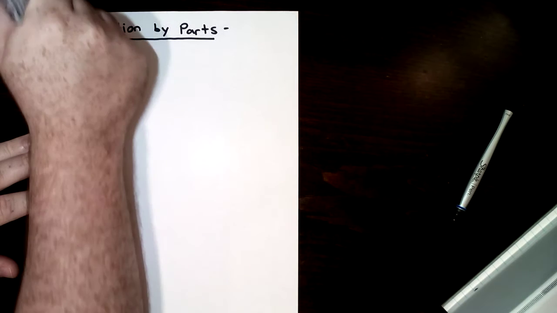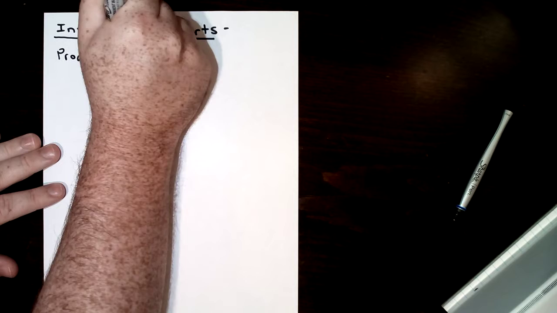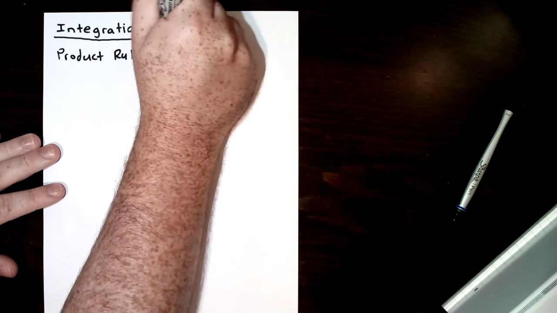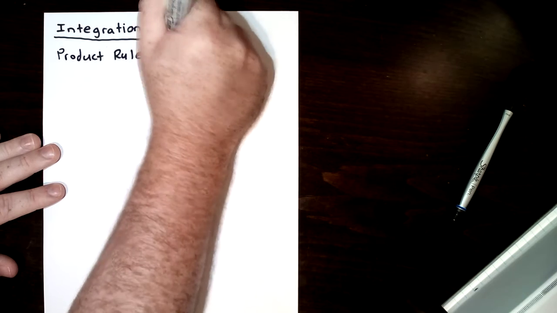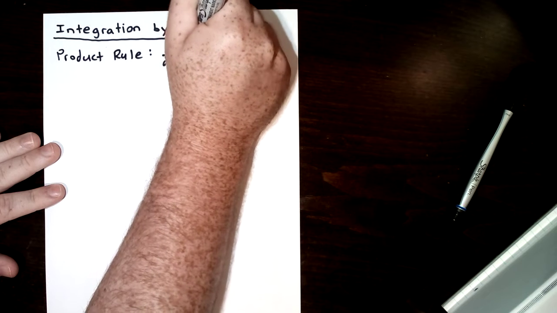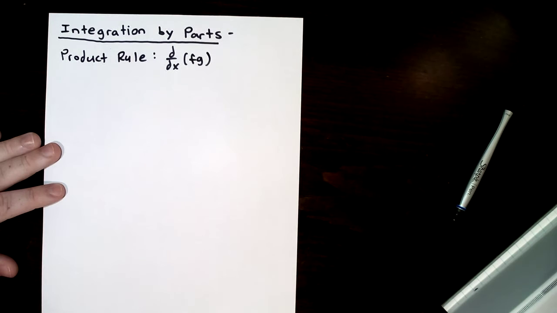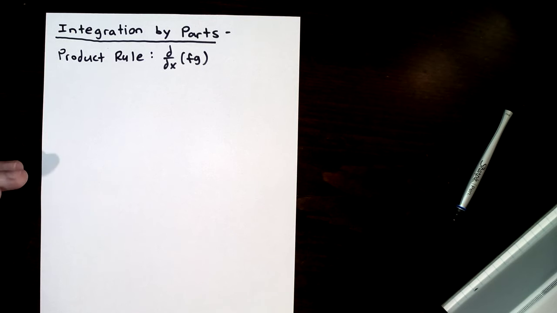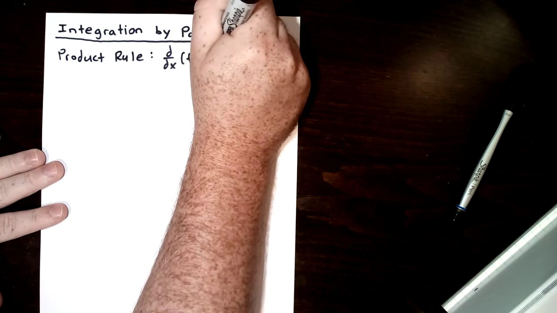And to do that, we will need to recall the product rule. And the product rule says that the derivative of a product of two functions, f and g, is going to be equal to the sum of two products.